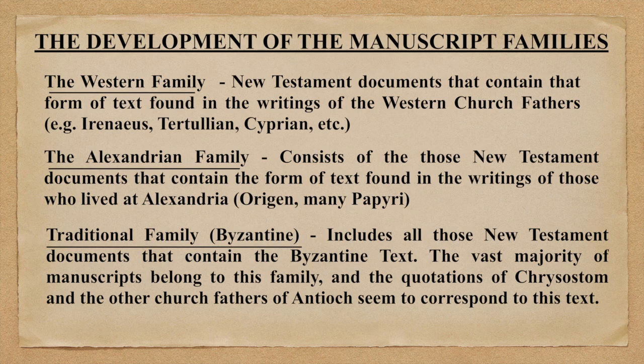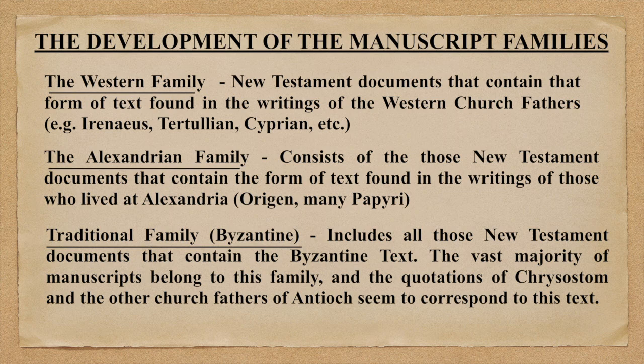The development of manuscript families. Although this is a recent means to distinguish between the ancient documents, going back to the 18th century, it does reveal the distinctions and similarities between the early manuscript types. There are three that we must consider.